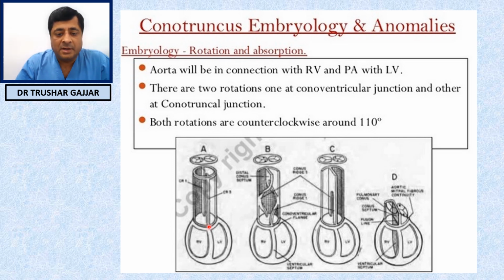So we have the bulbotruncal junction, the bulboventricular or conoventricular junction, and the conotruncal junction. These rotations will occur in a counterclockwise direction and at 110 degrees.